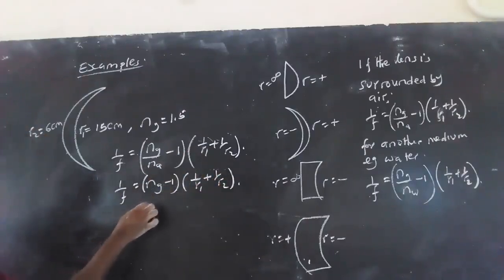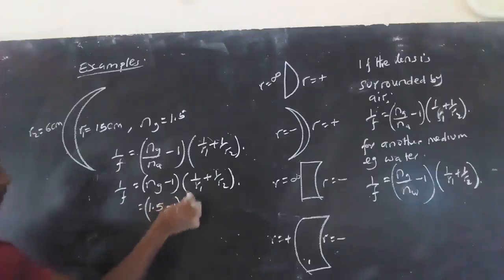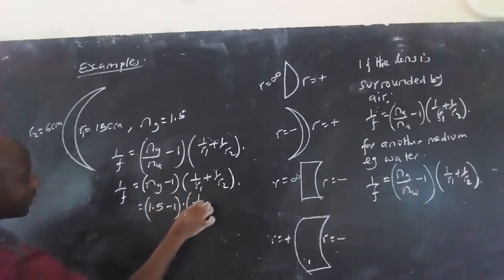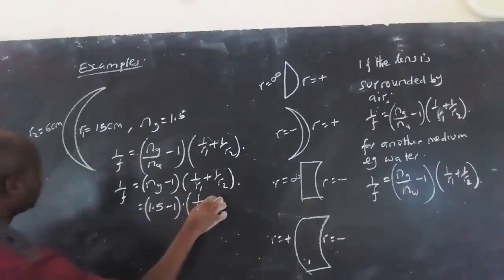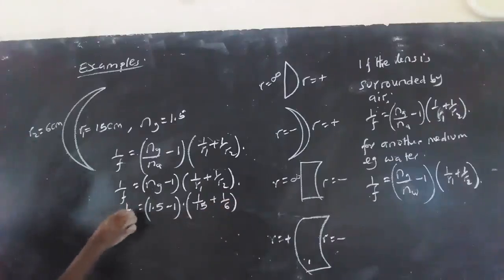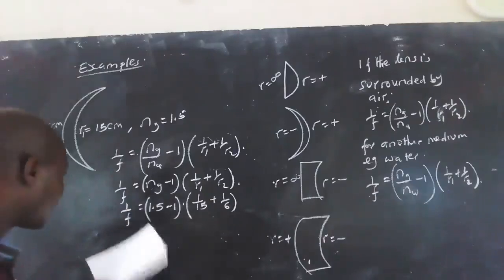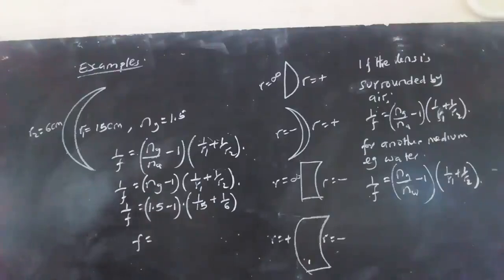Then we substitute: 1.5 minus 1 times 1 over 15 plus 1 over 6. In the right, we don't convert. So that's 1 over F. Remember, 1 over F is the power. Sometimes they can ask you the power of the lens. So our F, when you use calculator, you will be able to get F as 20 centimeters.